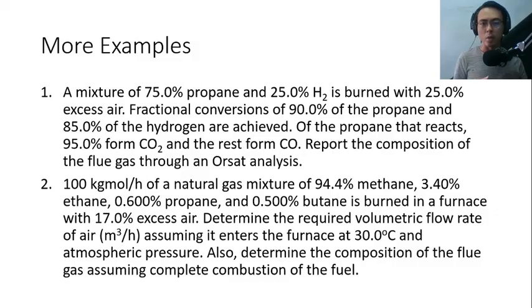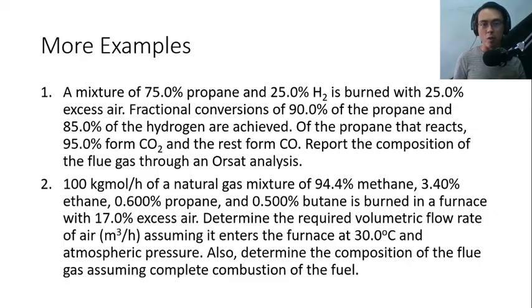If you take a look at the problem, a very good basis here would be in the feed, because you're given the composition of the mixture. So you can use 100 moles of the feed or 100 moles of the fuel as your basis. After you have drawn your diagram, set your basis, and labeled all of the unknowns, you go straight to the determination of the O2 theo.